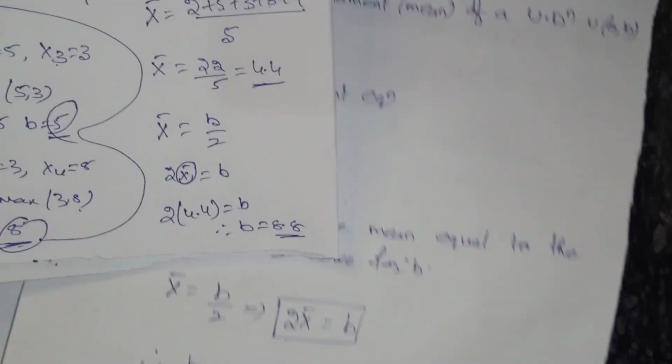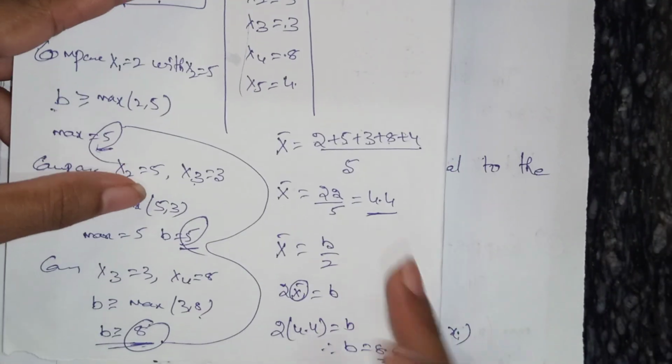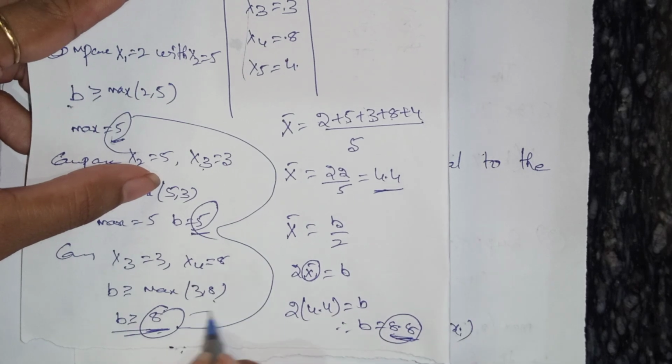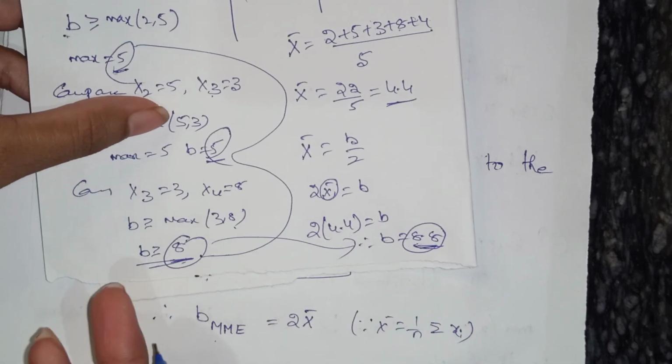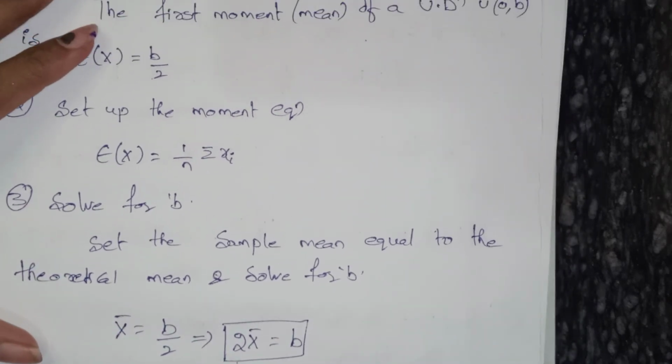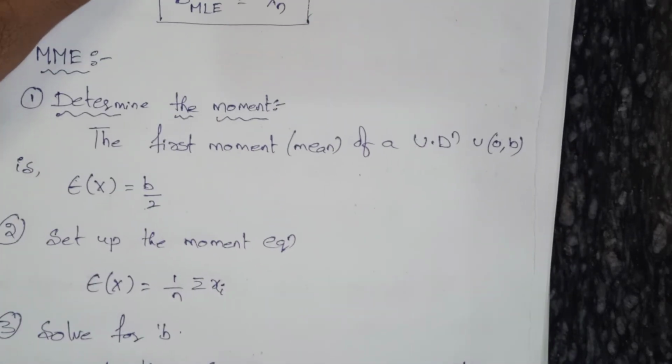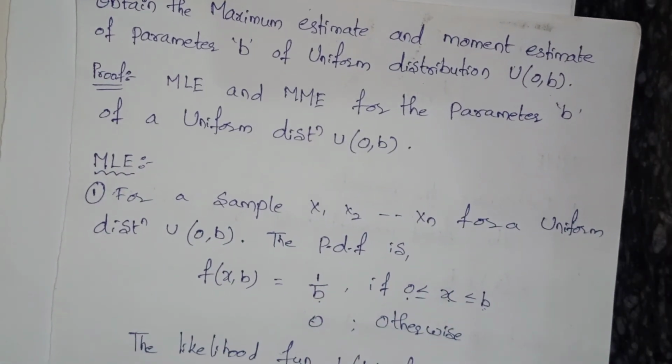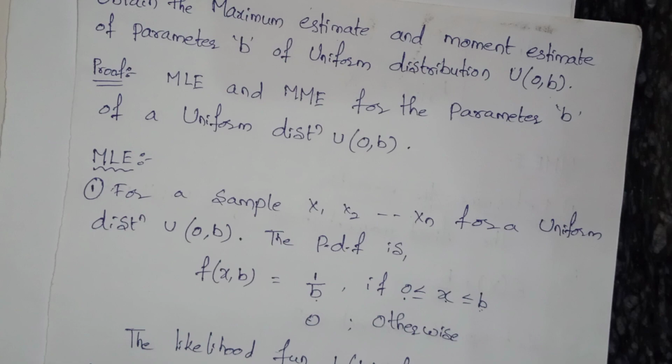In this method we got B value as 8.8. That means we get near answers. Whatever method we perform, we get near answers. Okay. So this is the procedure for the uniform distribution to find out the B value by using the maximum likelihood estimate method and the method of moments estimate.